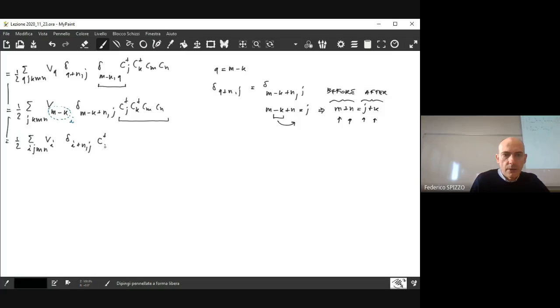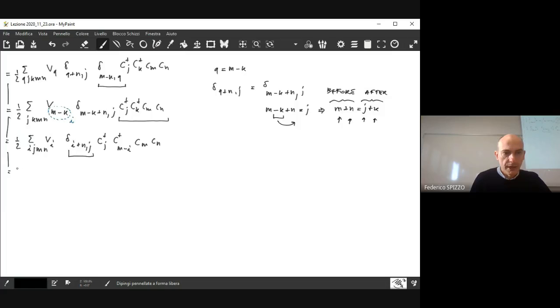Then we have c cross j. K in this case, referring to this equation, is m minus I, so c cross m minus I. Then we have cm cn. Then we have to consider this additional Kronecker delta. So j in this case has to be equal to I plus n. So at this point, I suppress the summation over j.